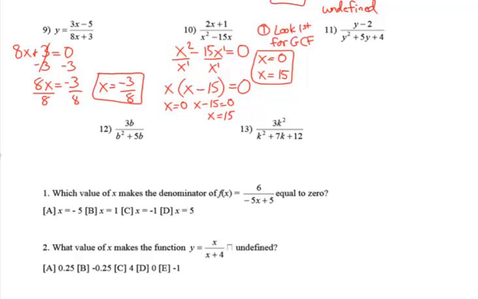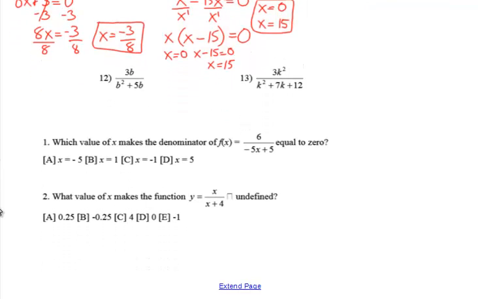I'm going to leave some for you to work on, but let's take a look at number 13 here. Now in 13, we've got k squared plus 7k plus 12. There's our denominator, set it equal to 0. So we look first for a GCF. We don't see a GCF, so now we're looking at our value of A and our value of C. So A is 1, so that's 1 and 1.